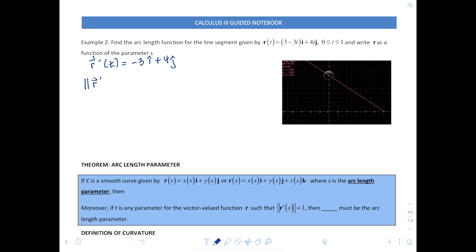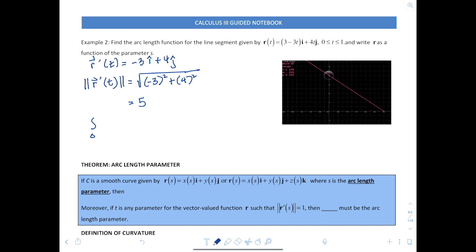So now the magnitude of r prime at t would equal the square root of each of these coefficients squared, and that is equal to 5. Now, what do we need to do? Well, we need to integrate from a to t.